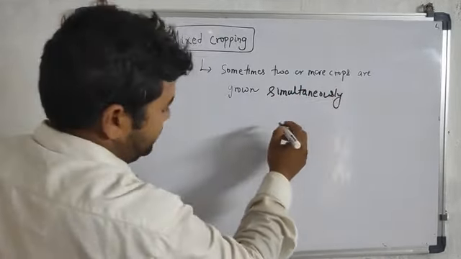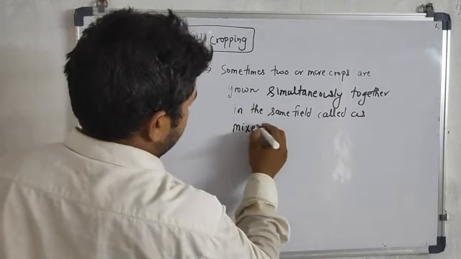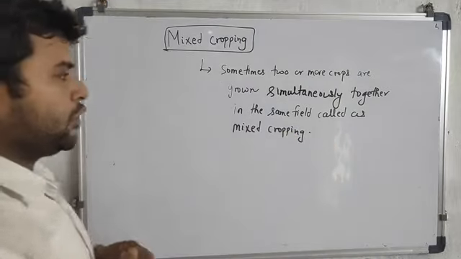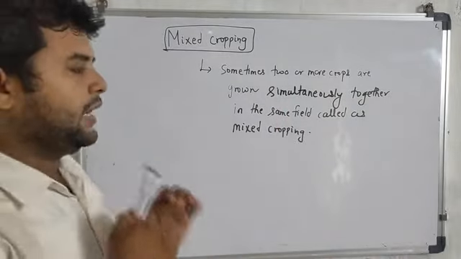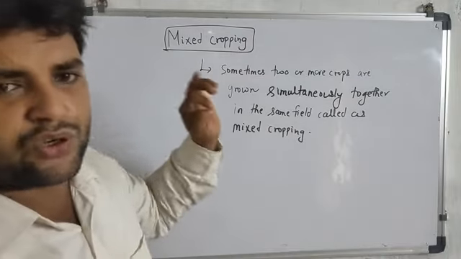This means both the crops are grown together in the same field, called mixed cropping. So whenever two or more crops are grown simultaneously in the same land and in the same period of time, then it is called mixed cropping.